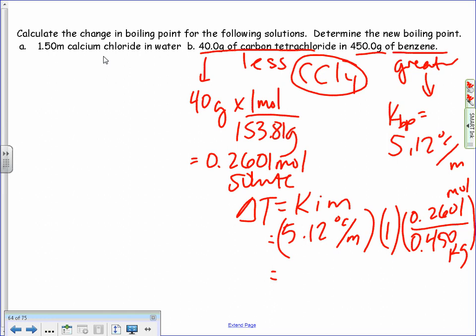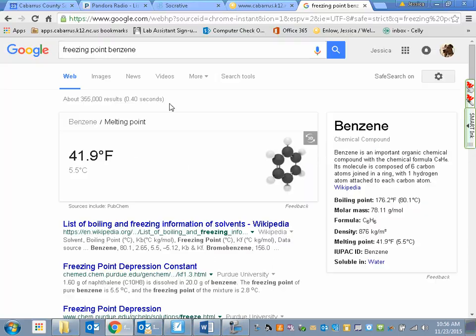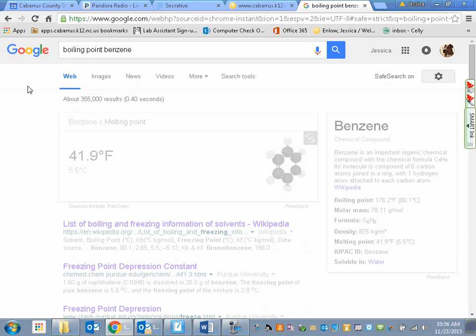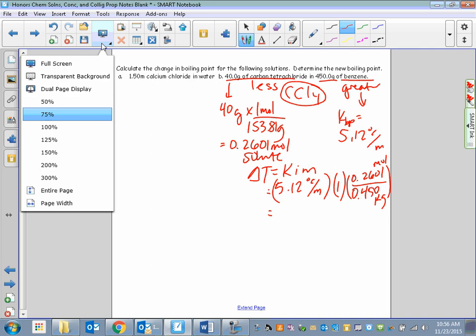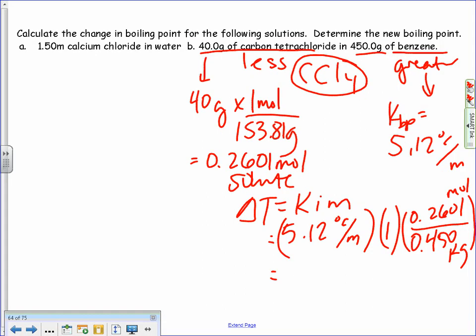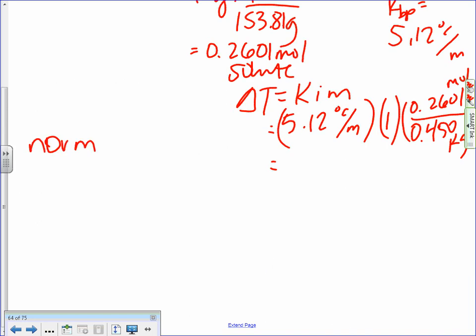We're looking for boiling point. I generally do freezing point. I love the freezing point for some reason. 80.1. Okay, so then our new boiling point will be elevated from 80.1. So our normal boiling point is 80.1 degrees C.